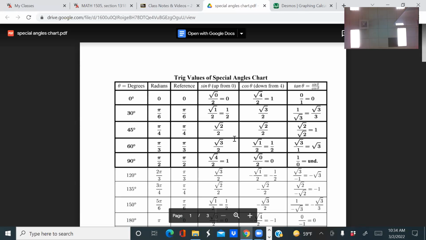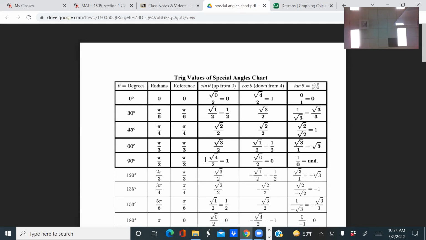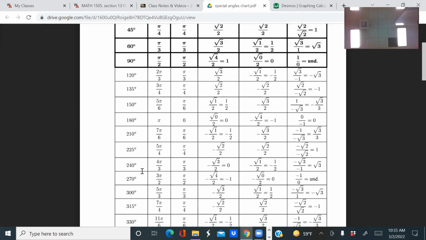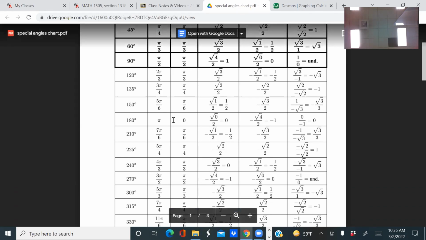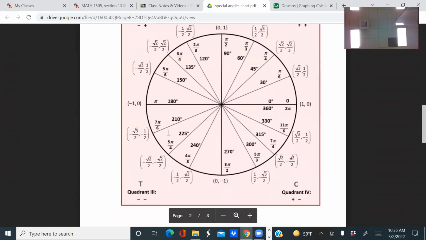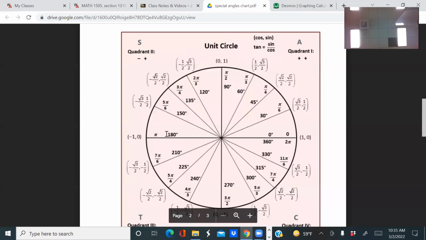So of course, the first page is just the table form, right? Of the sine, cosine, and tangent, right? Of the special angles, and then also the special multiples of the special angles that are larger than 90 degrees. That's what fills out the rest of the table. But here is that same table in this picture form, in this graphical form.